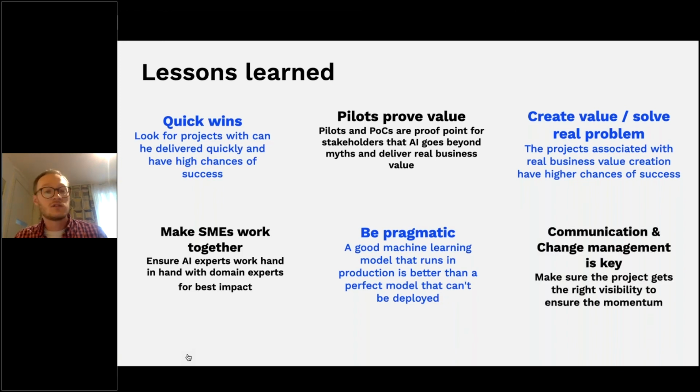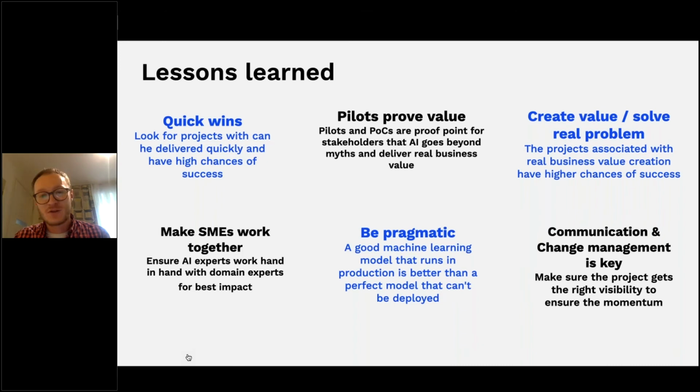Last but not least, you'll see that communication and change management is fundamental for the success of AI projects. You need to ensure that AI experts are able to communicate progress to the business stakeholders using the right language.